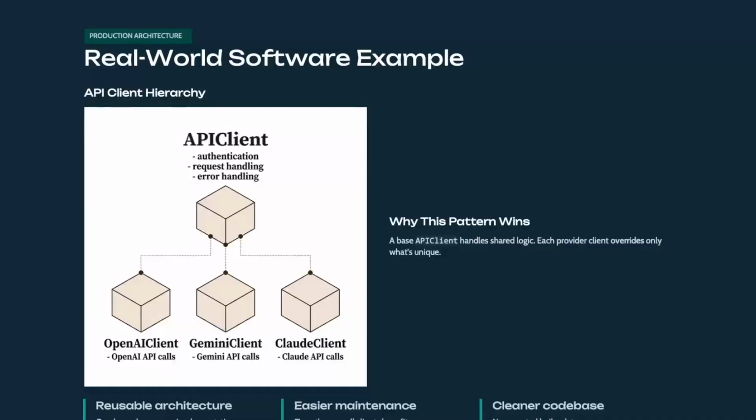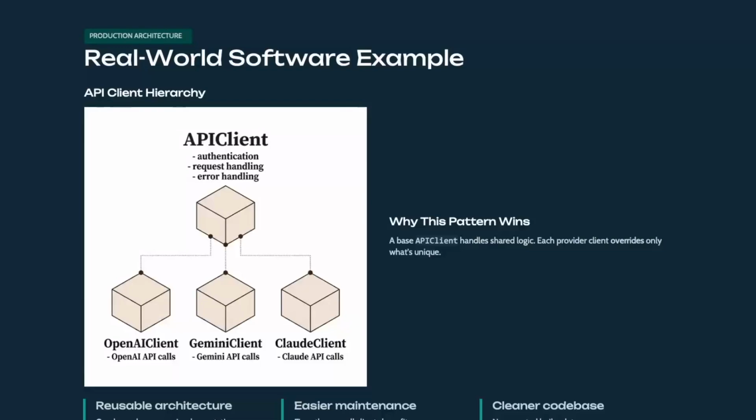Now let's look at a software architecture example. Imagine building multiple AI integrations. You create a base API client that handles authentication, request handling, and error handling. Then we create an OpenAI client, a Gemini client, and a Claude client. Each provider inherits from the API client. Shared logic remains in one place.